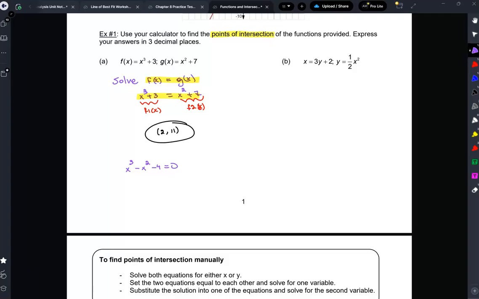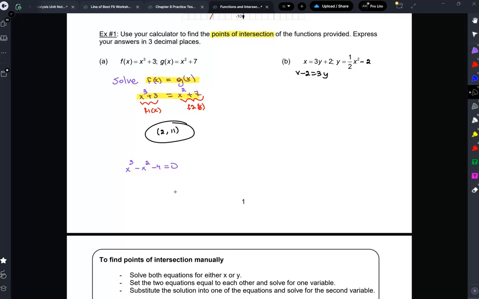Now, take a look at this one. I'm actually going to modify this one. I'm going to make it -2. And we're going to do the same thing. So look, here we have x equals 3y plus 2. So x minus 2 is equal to 3y.